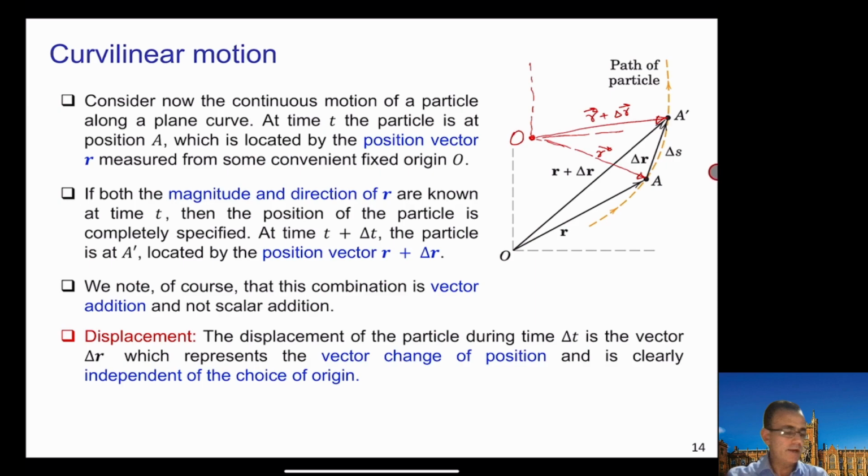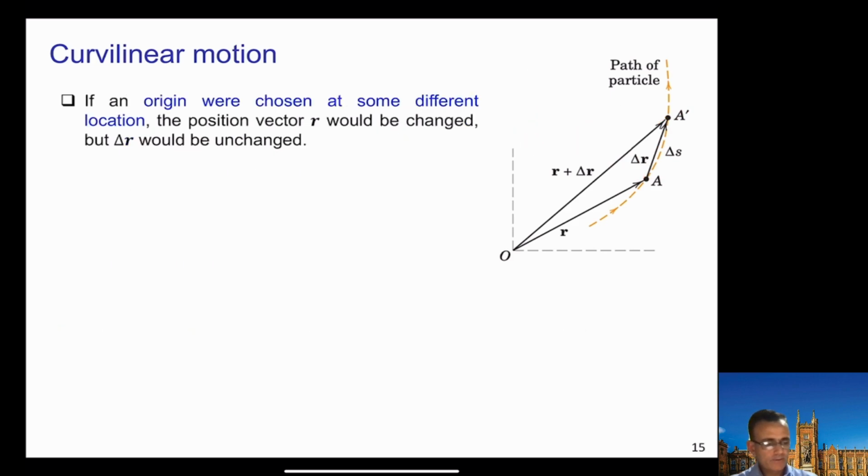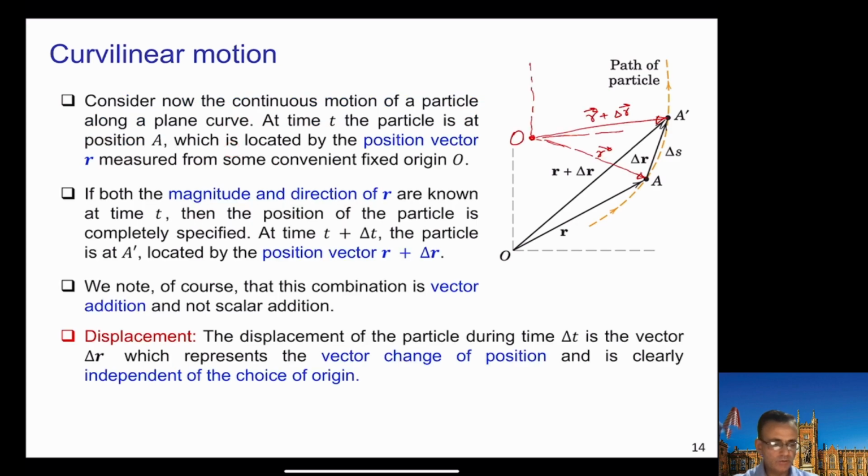Now you can see that r and r plus delta r are changing, but delta r is again from A to A dash, which is independent of the choice of O. So if an origin were chosen at some different location, the position r would be changed, but delta r would be unchanged, as you saw here.